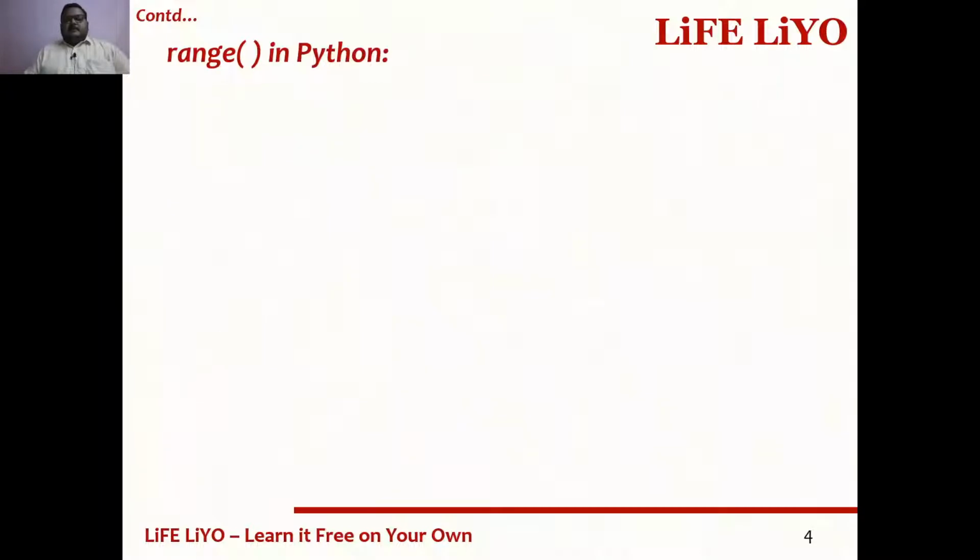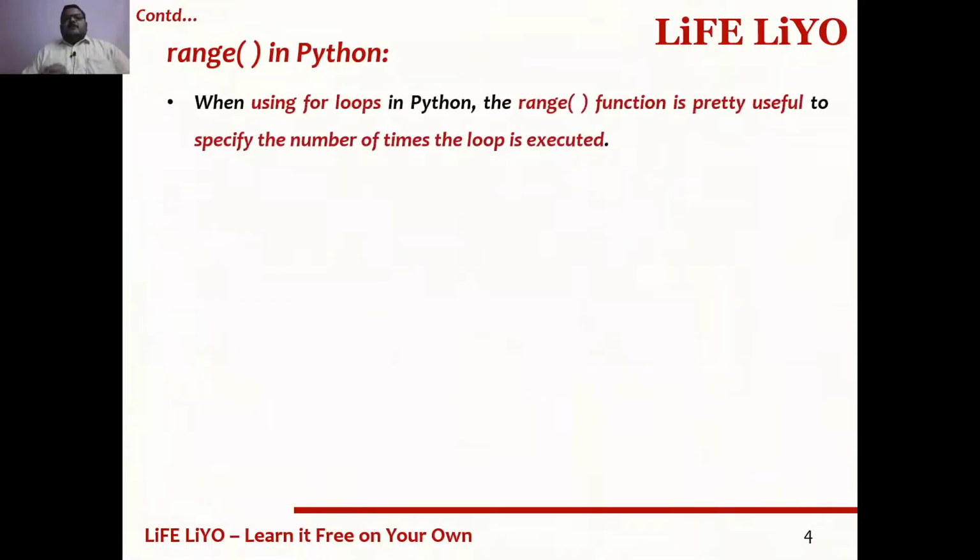What is this range in Python? When using for loops in Python, the range function is pretty useful to specify how many times, that is, the number of times the loop should be executed. For example, if you want to execute your loop 5 times, then the range function is useful.